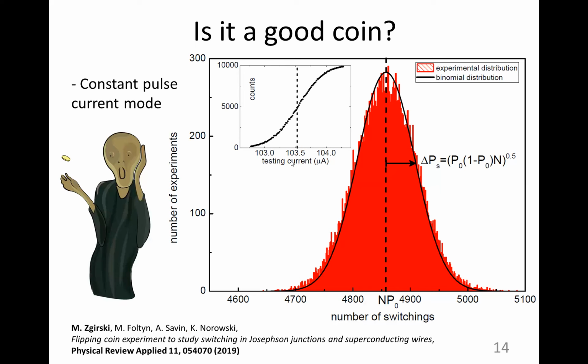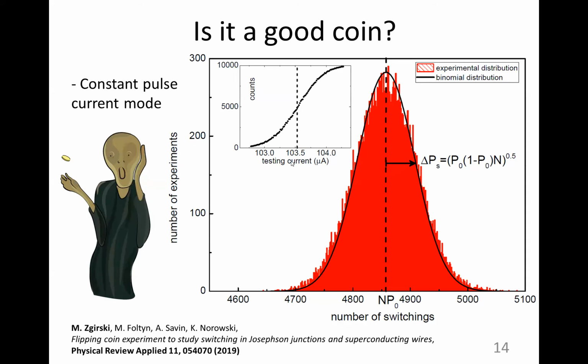If we want to say that these tosses, or these pulses, are statistically independent, the experimental distribution must obey the binomial distribution with the given width. It happens that it agrees, so we can say that our nanobridge is indeed a good coin in this sense.